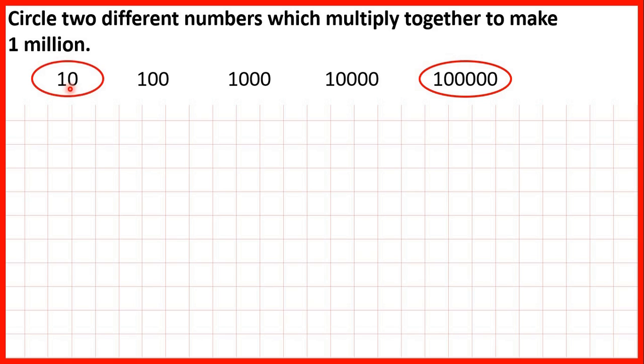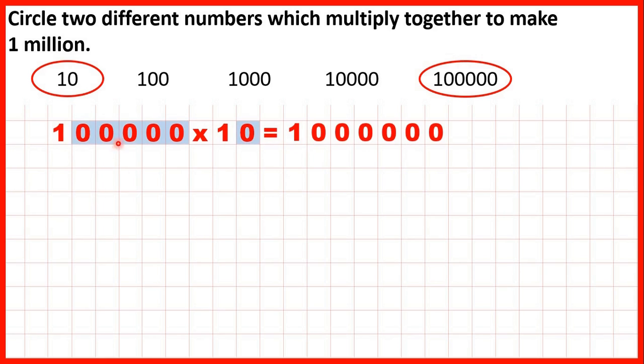So if we multiply that by 10, we'll get a million, because multiplying by 10, we can just put a 0 on the end of our number. 100,000 times 10 is 1 million, because here we have 5 zeros, and here we have another 0, so that's 6 zeros in our answer, which gives us the number 1 million.